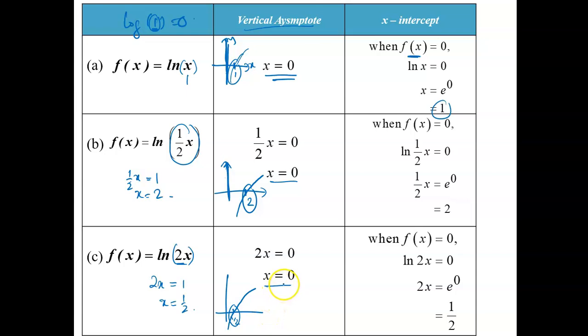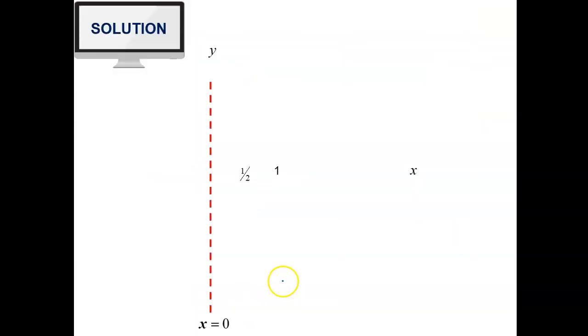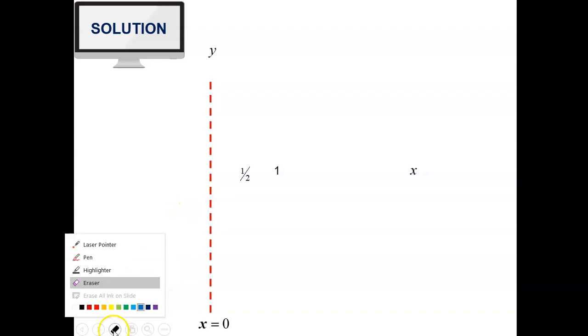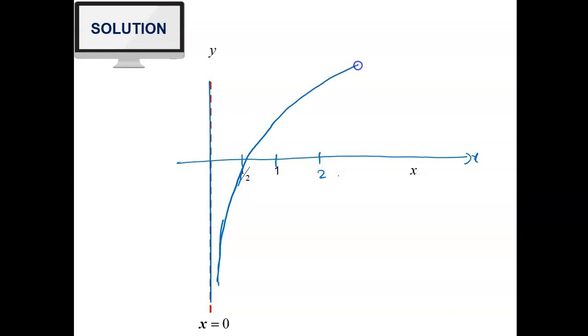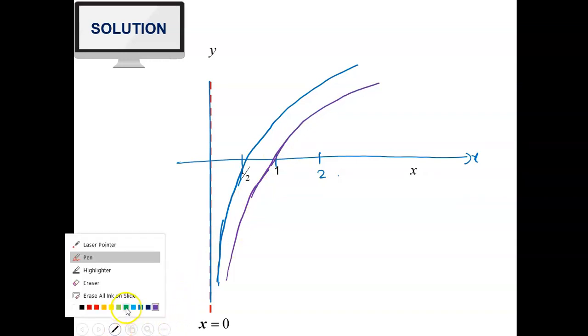Okay, so if we sketch this on the same axis, with x at half, 1, and 2 here, we get the first graph, the second graph, and the third graph.